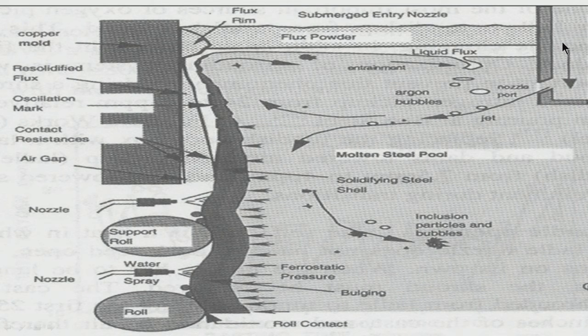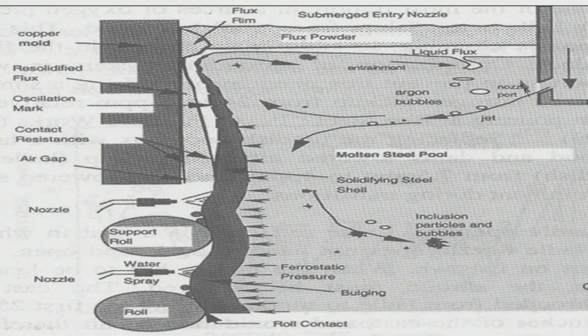So, this is called the submerged entry nozzle, this entry nozzle is submerged. So, what should be the submergence? Again, modeling can determine what should be the optimum level of submergence, what should be the orientation of these ports, whether it will be horizontal, whether it will be downwards, whether it will be upwards.